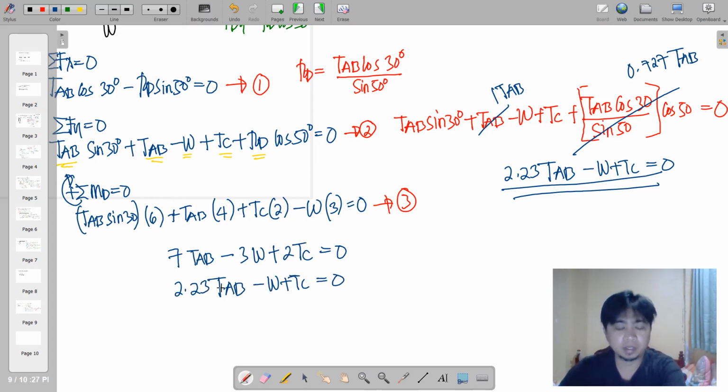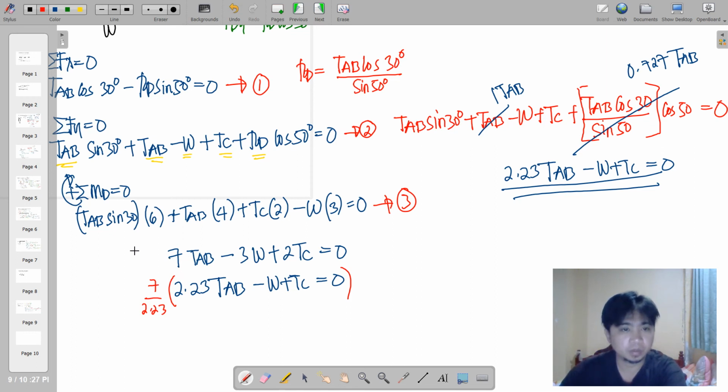Say we wanted to eliminate TAB first, we can do it by multiplying this expression by 7 over 2.23. So 2.23 will just be cancelled, and we will have the same constant as this top equation here.